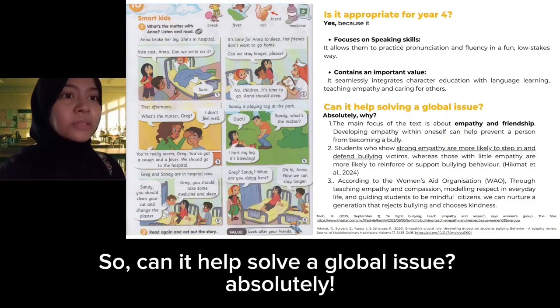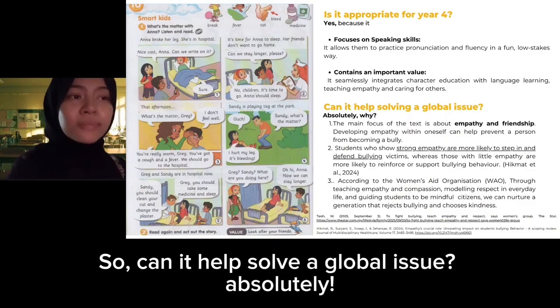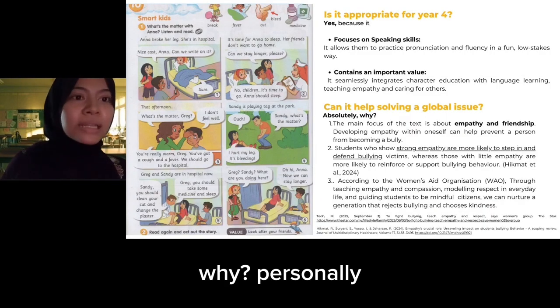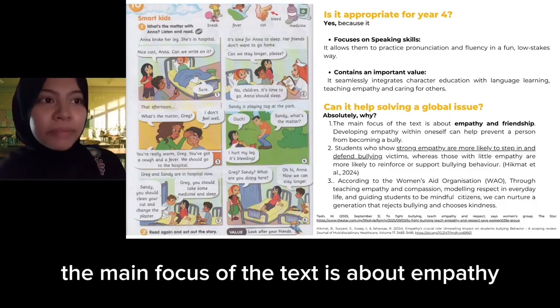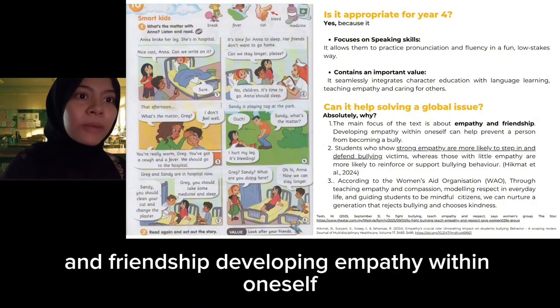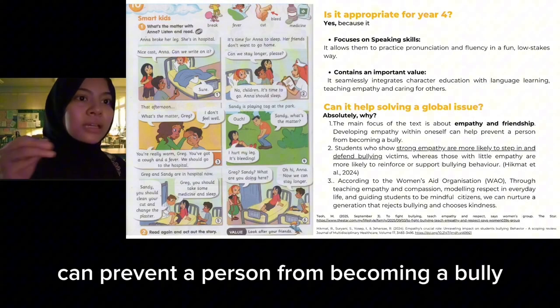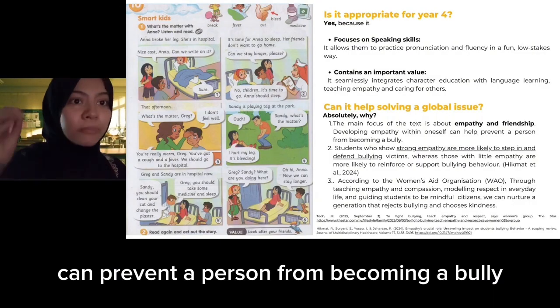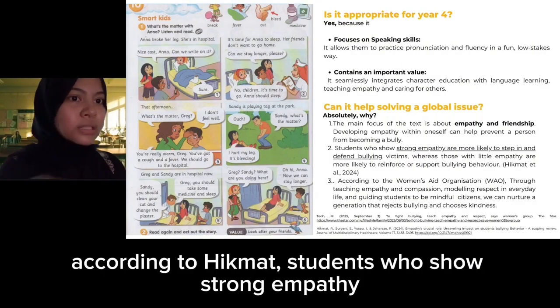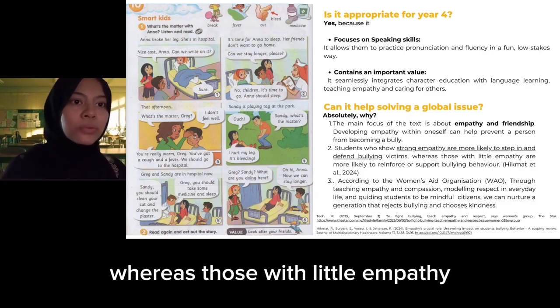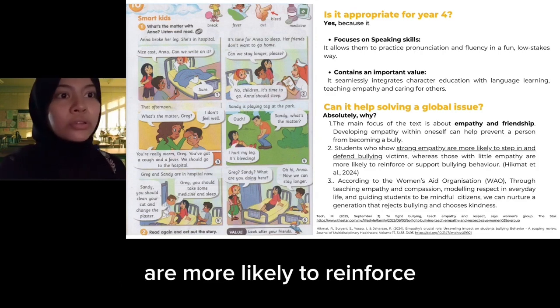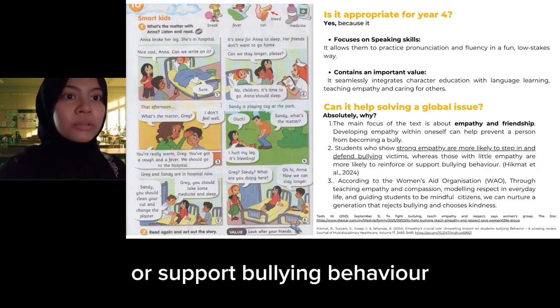So can it help solve a global issue? Absolutely. Why? Personally, I believe that the main focus of the text is about empathy and friendship. Developing empathy within oneself can prevent a person from becoming a bully. According to Hikmat, students who show strong empathy are more likely to step in and defend bullying victims, whereas those with little empathy are more likely to reinforce or support bullying behavior.